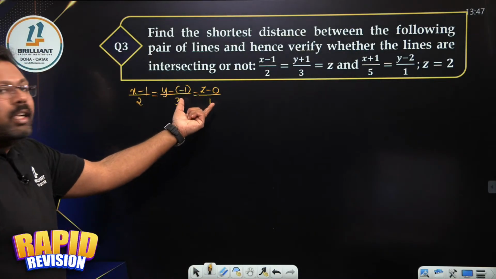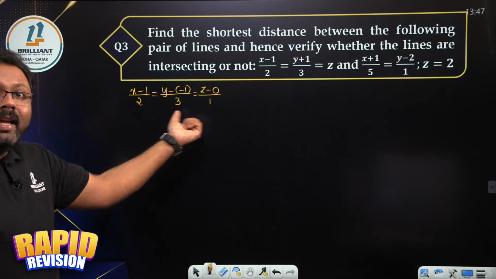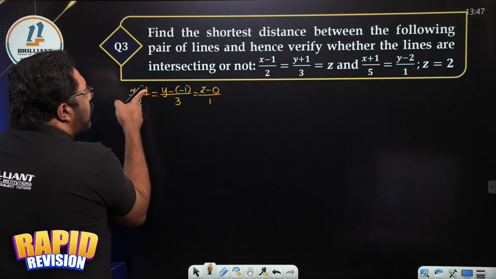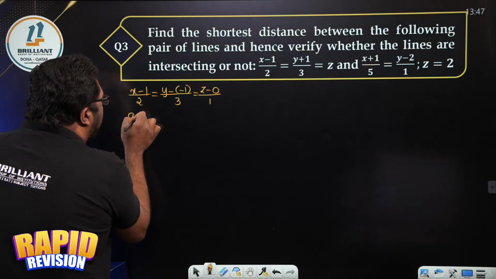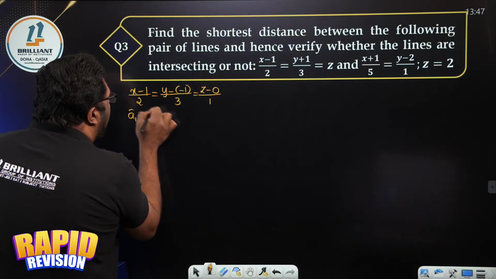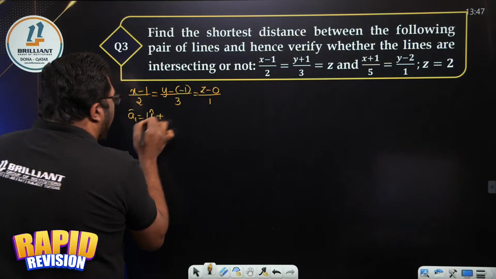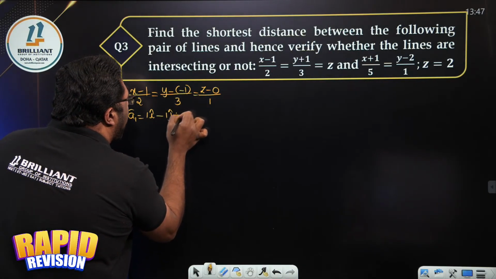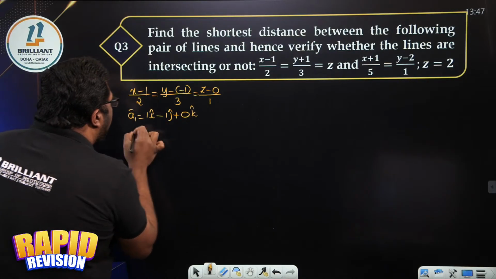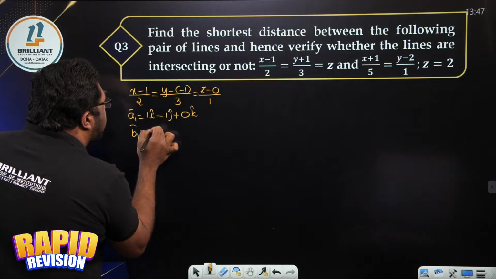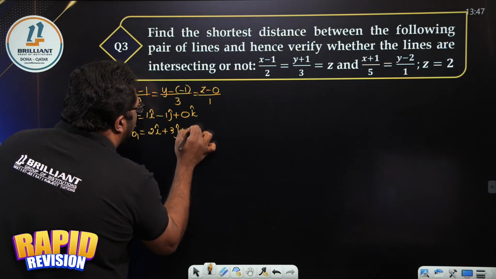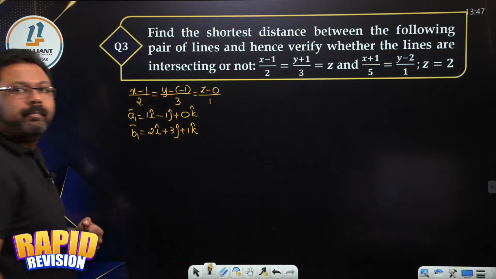I'm writing it in the correct standard form. So from this, the point A1 is 1i, the numerator, and the next one is minus 1j, and the next one is 0k. And the direction ratios are 2i plus 3j plus 1k.